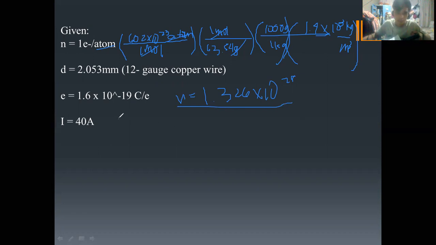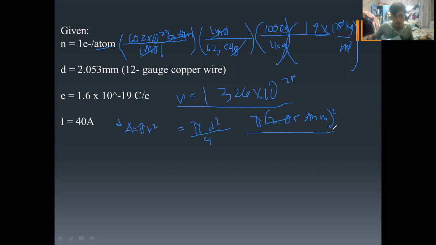Tapos sa diameter, para makuha natin yung area. Ang formula ng area is equal to pi r squared. Dahil diameter ang given, ang area natin is magiging pi d squared over 4. Direct substitution lang. Pi multiply by 2.053 millimeter squared over 4.